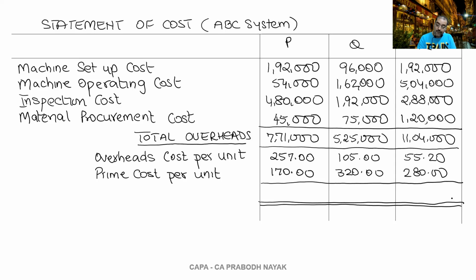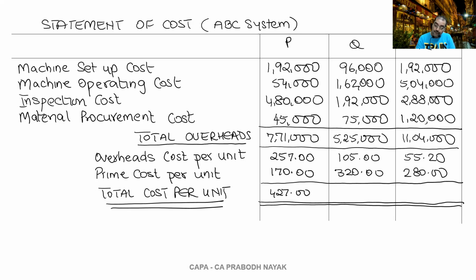So you get total cost per unit. 427, 425, 335.2. 335.